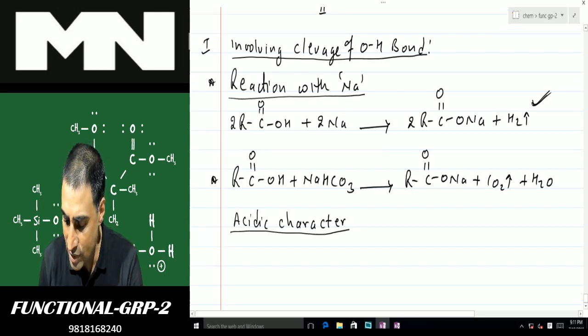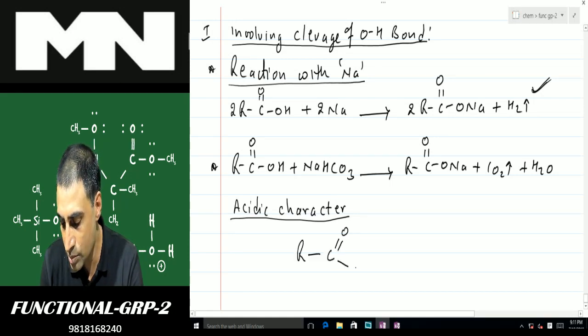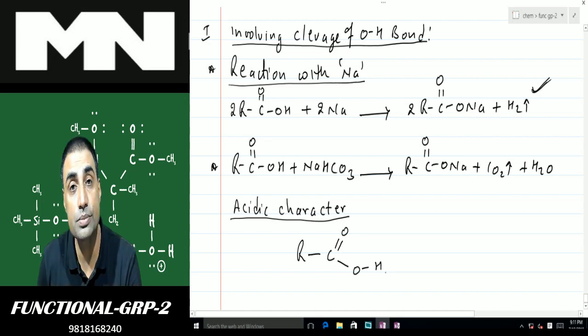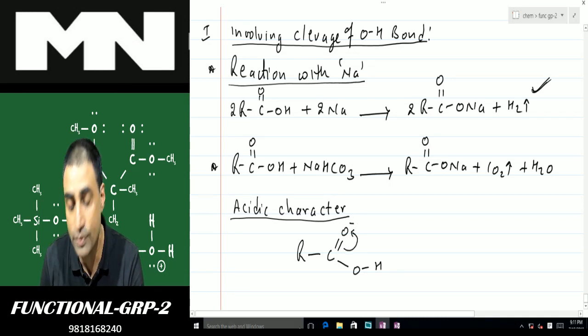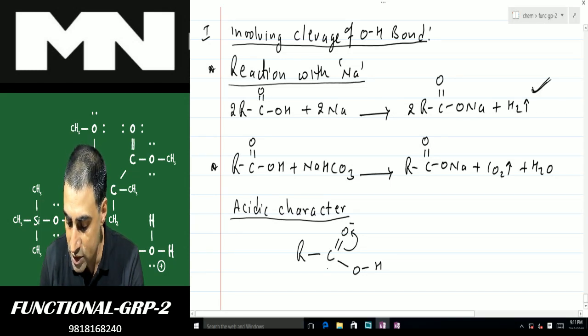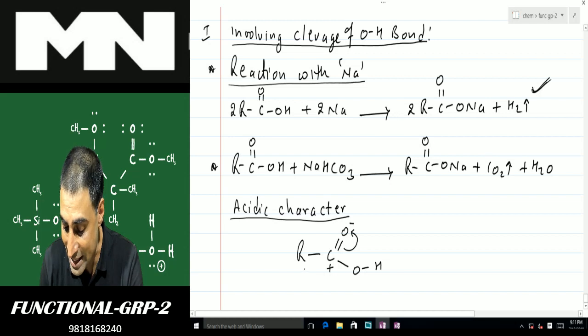Well, let us have a look at a molecule of carboxylic acid and see why it behaves like an acid. The molecule is like this. In this molecule, the oxygen which is attached to the carbonyl carbon will withdraw pi electrons toward itself. So it will become negative and will induce a positive charge on the carbon. So this carbon can get electrons either from this alkyl group or from this OH group.